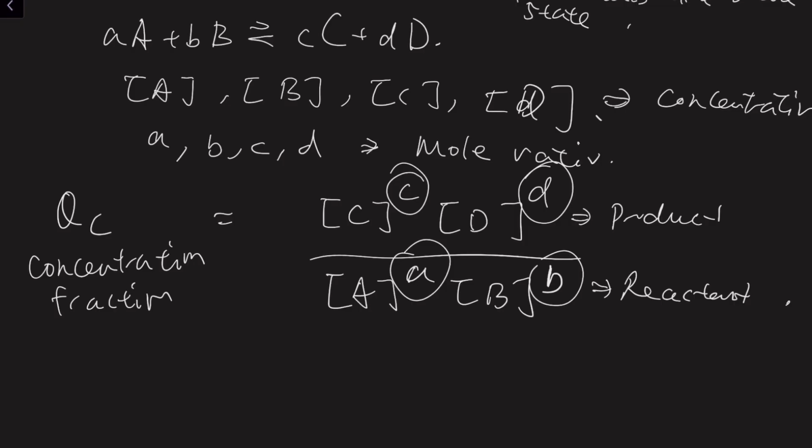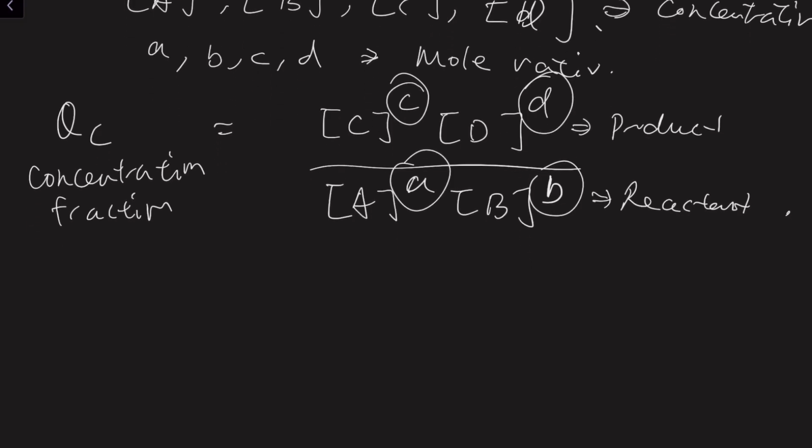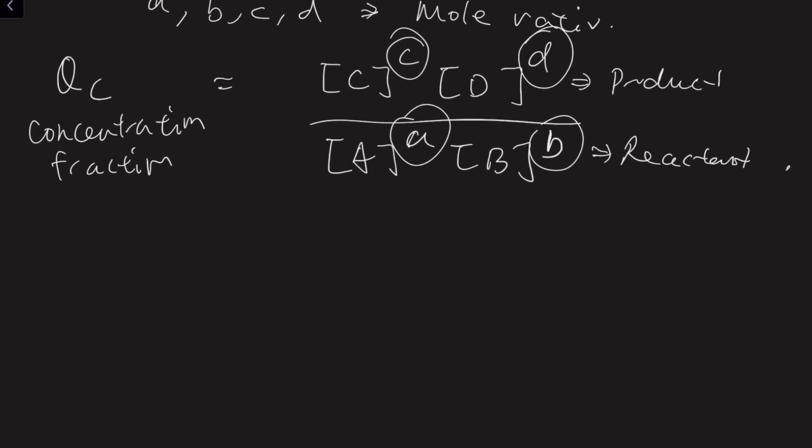So if you get a lot of product, the concentration fraction would increase. If you get a lot of reactant, the concentration fraction would decrease. So this is how generally you work with concentration fraction. A big concentration fraction means you have a high concentration of product relative to reactant, and vice versa.